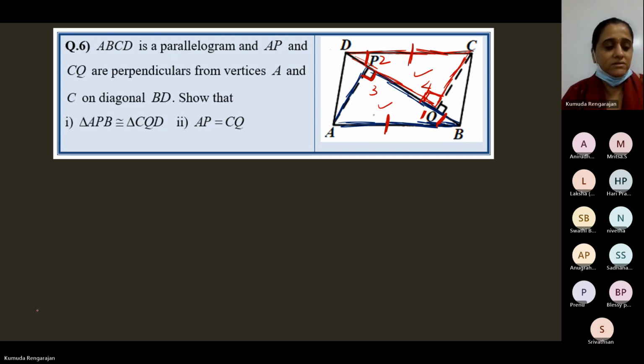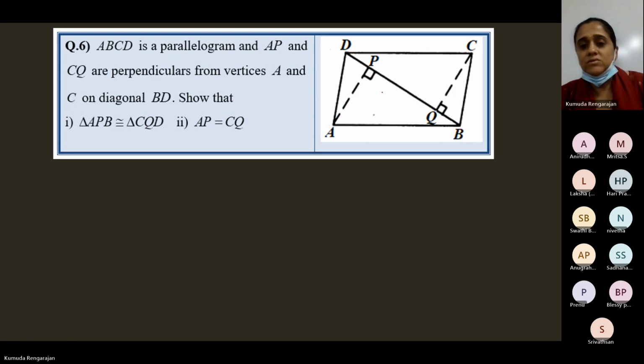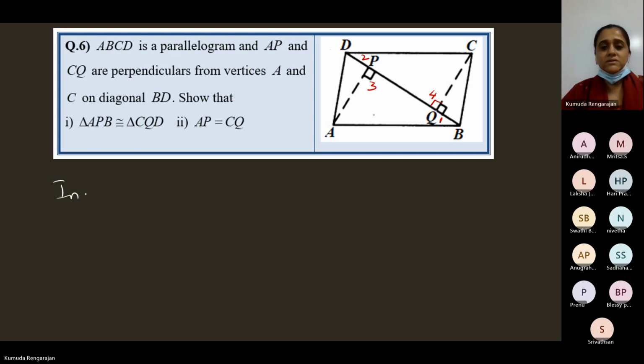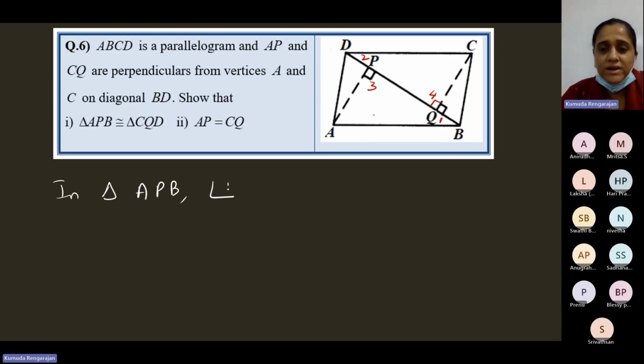I said angle 1 is equal to angle 2, 3 is equal to 4. In triangle APB, which is the included side for angle 1 and angle 3?